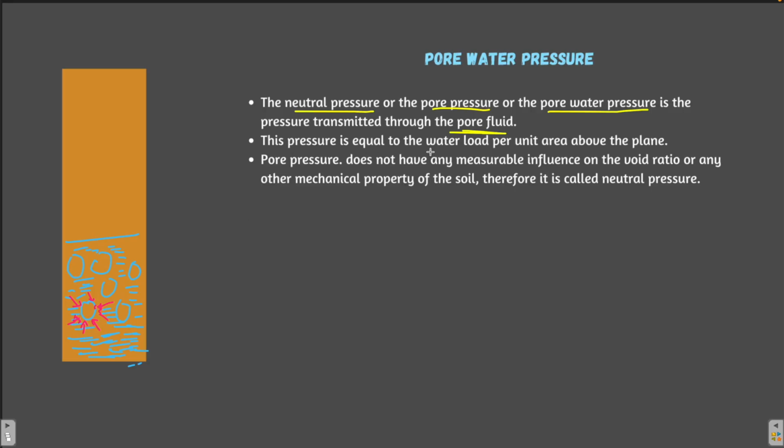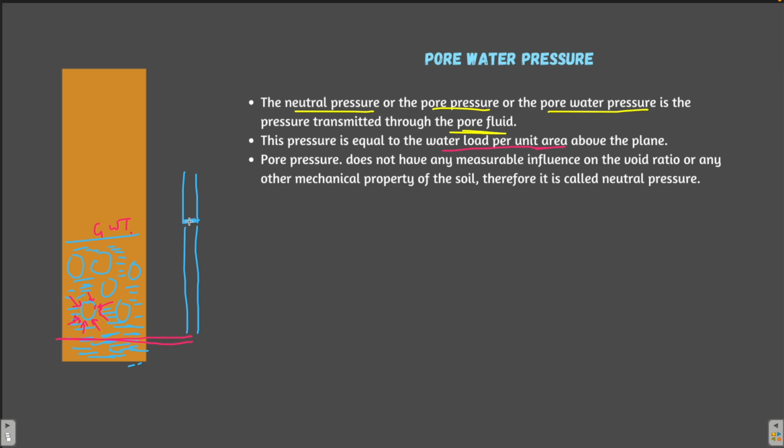This pressure is equal to the water load per unit area above the plane. Suppose at this level we want to calculate the pore water pressure, and this is the groundwater table. What we will do is insert a piezometer over here and check the level of the water in the piezometer.